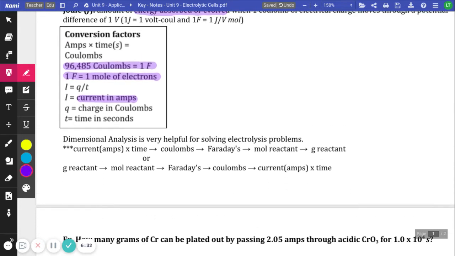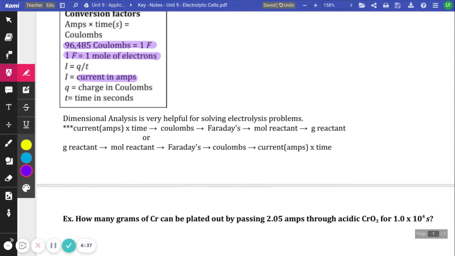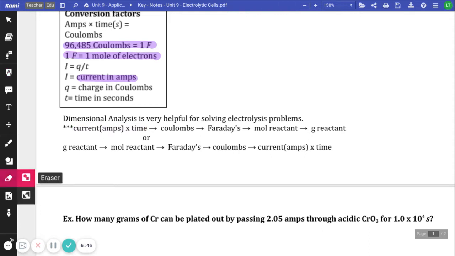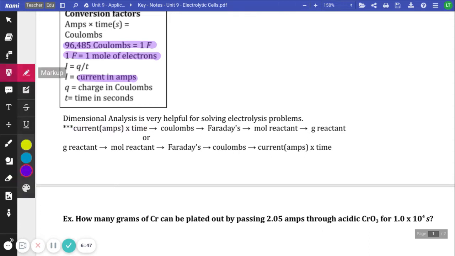So we will use dimensional analysis to help us solve these electrolysis problems. This is pretty much what it's going to look like every time. It depends on what you're starting with and what you are given. A lot of times we may start with current, which is amps times time, and convert that to coulombs.